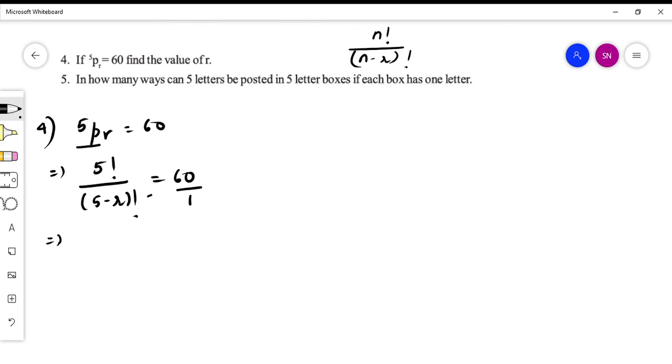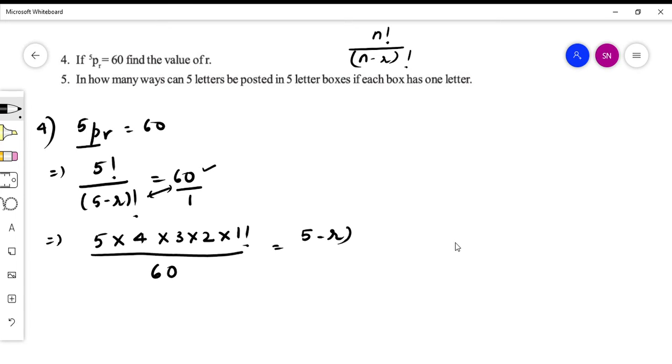So when I cross multiply or interchange the positions, this 5 factorial can be written as 5 into 4 into 3 into 2 into 1 factorial divided by this value in the denominator, which is equal to (5 minus r) factorial. Now, what will I do?